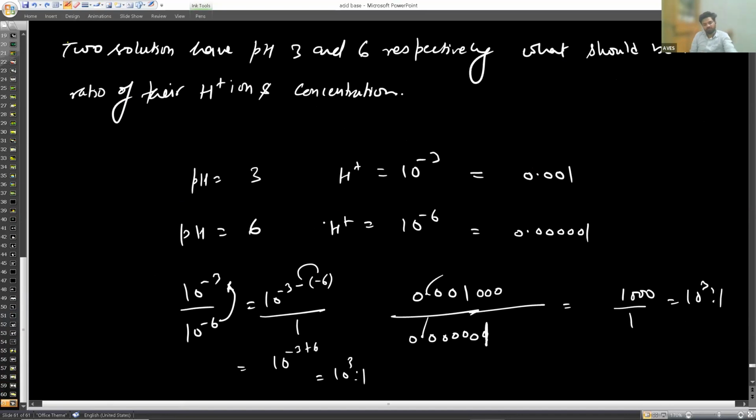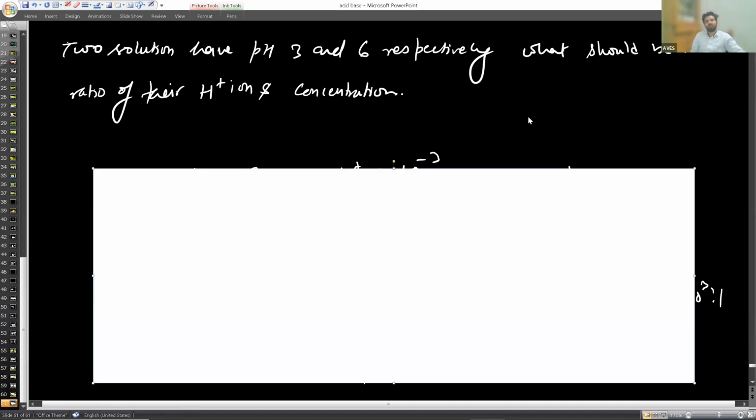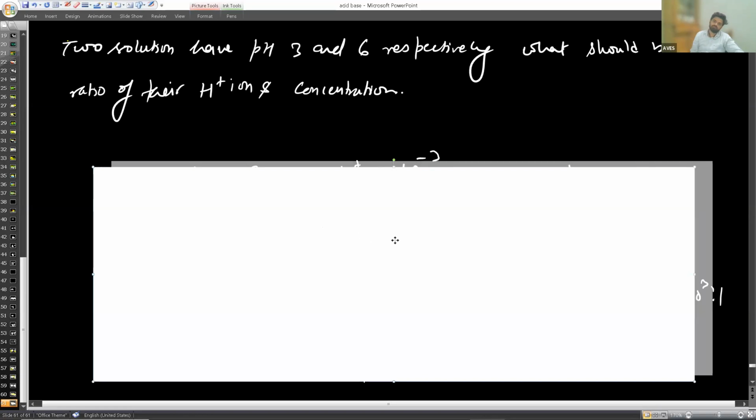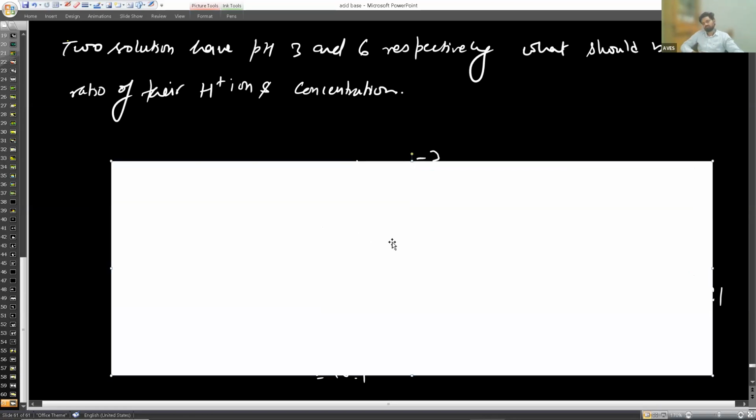Okay, we have a question here that two solutions have pH. Note this question in your copy, and then find out the value.